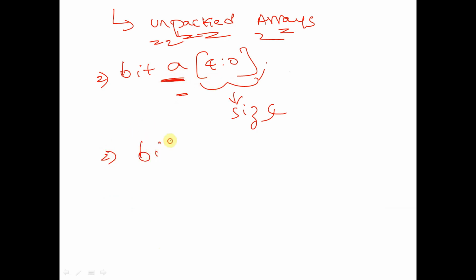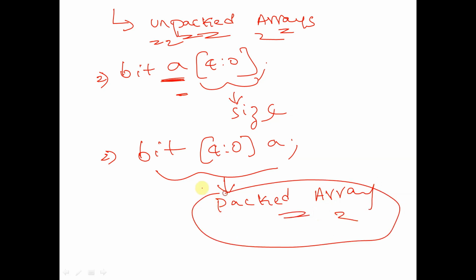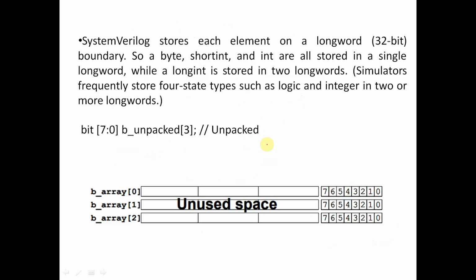If the size is declared before the variable name, then this is a packed array. Remember, this is a very important difference between packed and unpacked arrays. In unpacked arrays, the size is declared after the array name, whereas in packed arrays, the size is declared before the array name. So unpacked arrays will look like this.